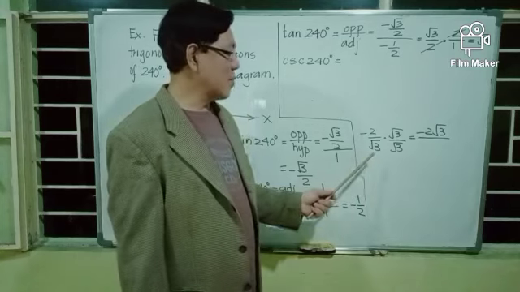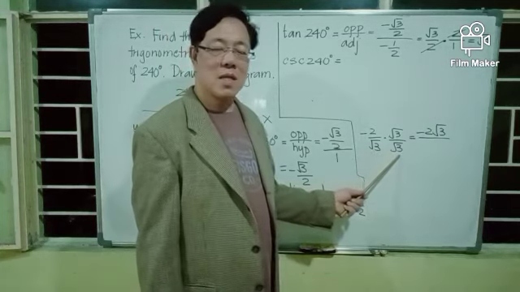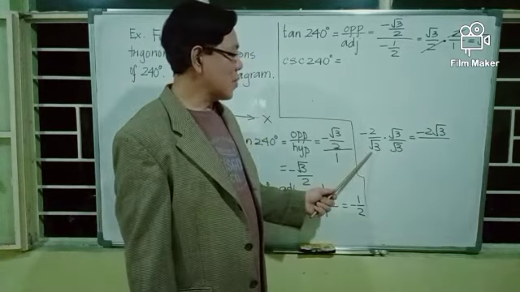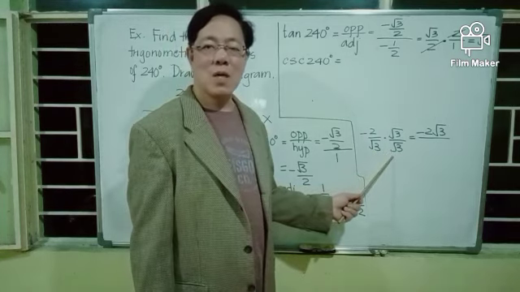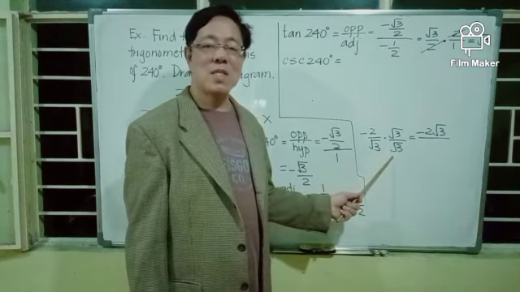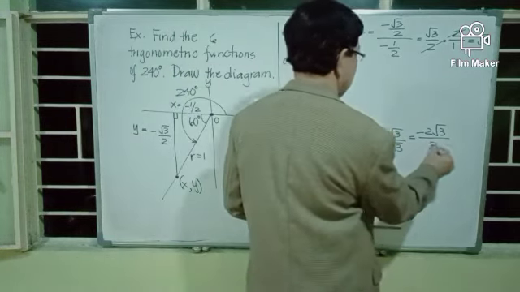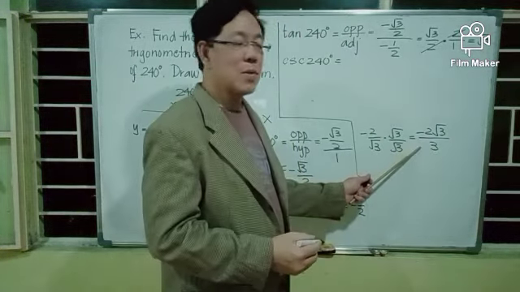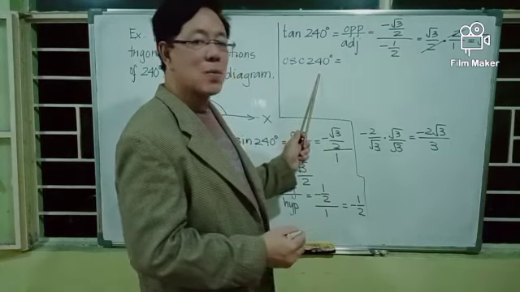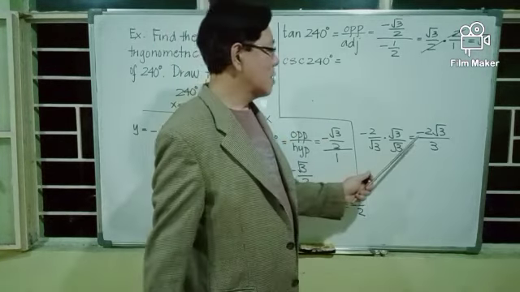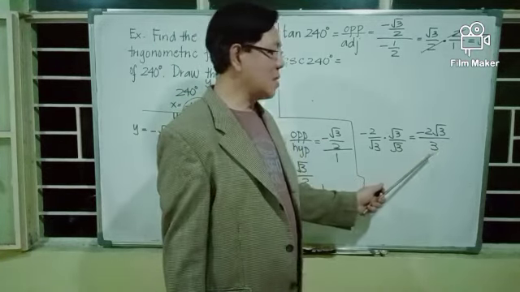The radicand will be 3 multiplied by 3, which is 9. Thus, square root of 3 times square root of 3 equals square root of 9, which is equal to 3. And this is the value of cosecant of 240 degrees: negative 2 times square root of 3 divided by 3.